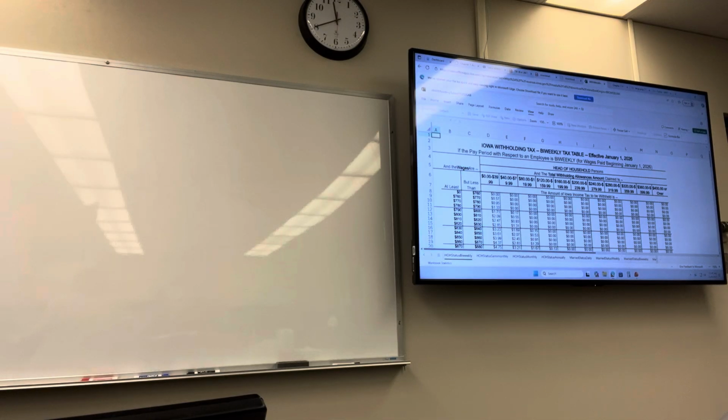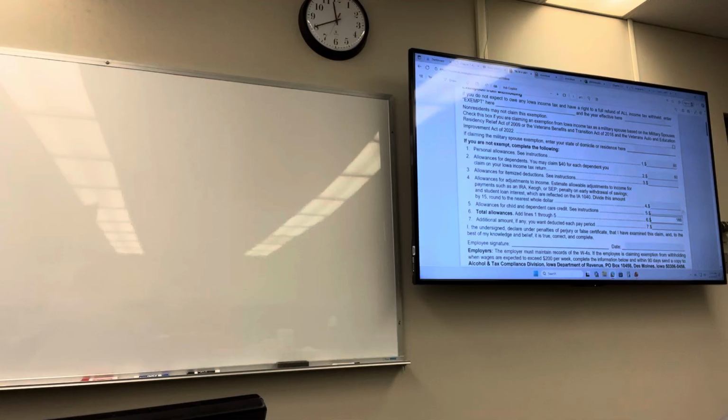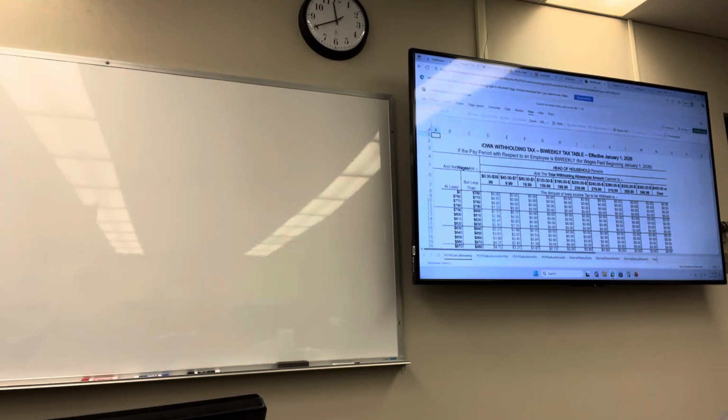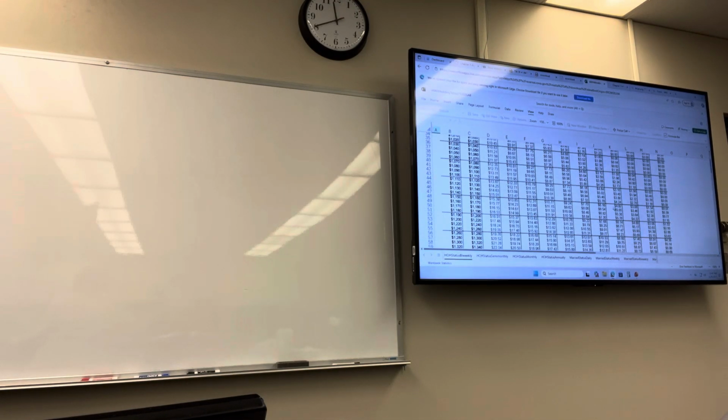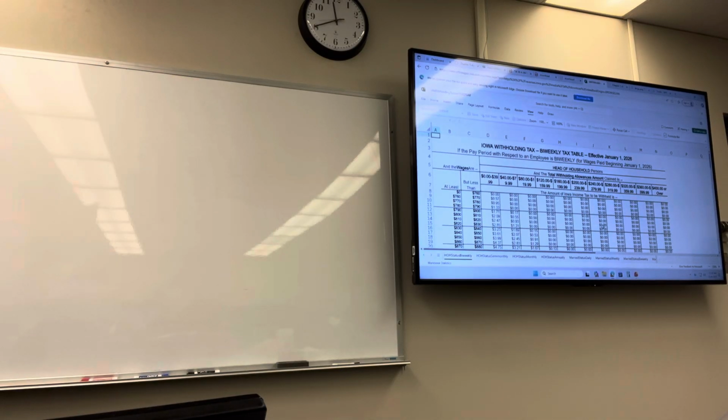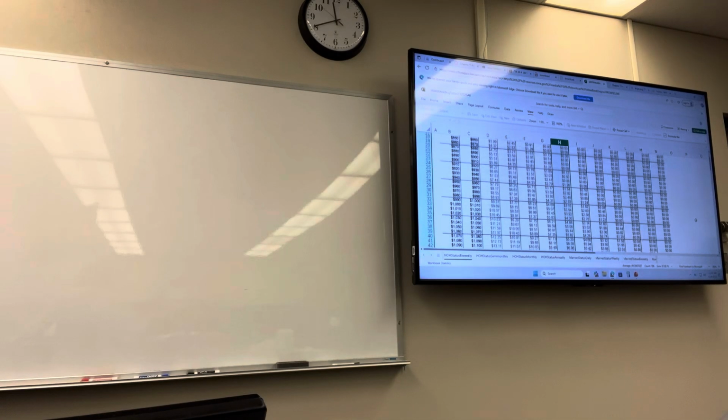That's from the W-4, and that's the amount on this line here, line 6. So if we were head of household and we had claimed $160, here's the column we would take a look at.